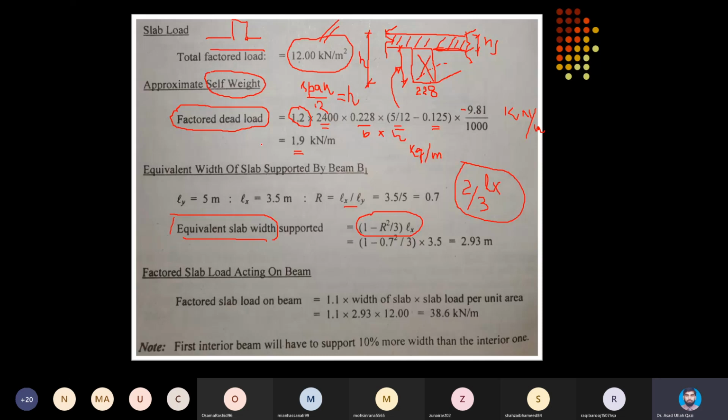By assuming approximate H for estimation purpose, later on I will check whether my selection was conservative or unconservative. Conservative means safe.